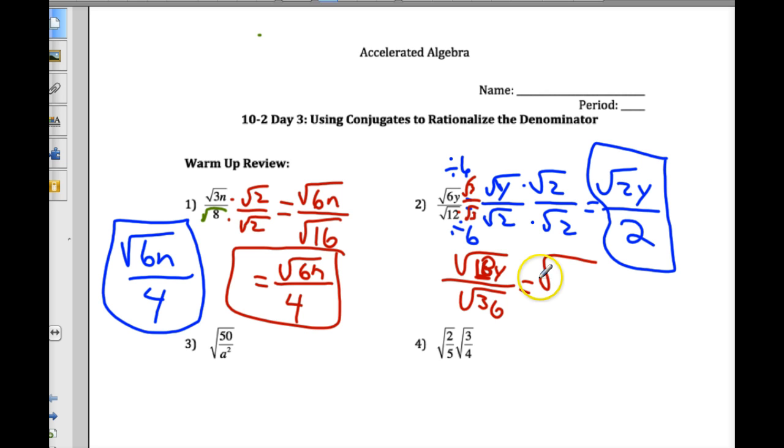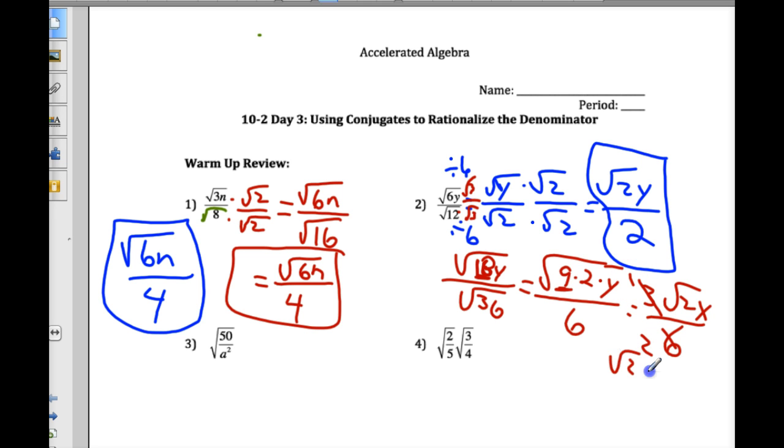So, 18 is 9 times 2 times y over 6. What's the square root of 9? 3 radical 2y over 6. Reduce it. You get radical 2y over 2. Or you just take 36 times 2. You multiply. So, guys, there's several ways to get to the final answer, okay? There's not just one right way to do it.